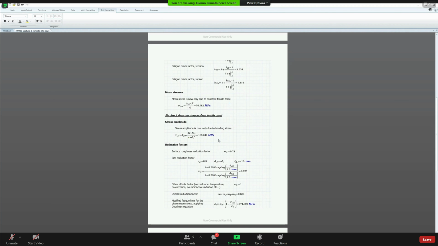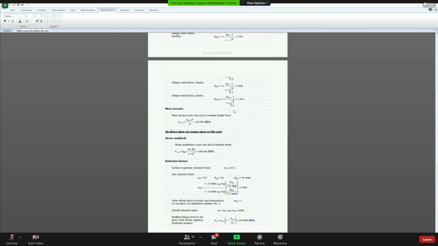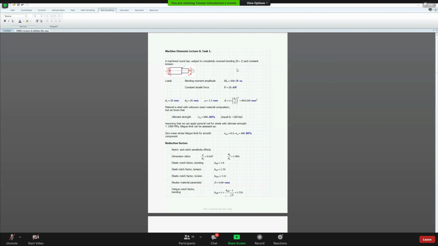Sorry, I have a question. Yeah, go ahead. You said earlier that the mean stress is zero caused by the bending in a rotational shaft, but I say this shaft is not rotational, so why did we omit the mean value caused by the bending?